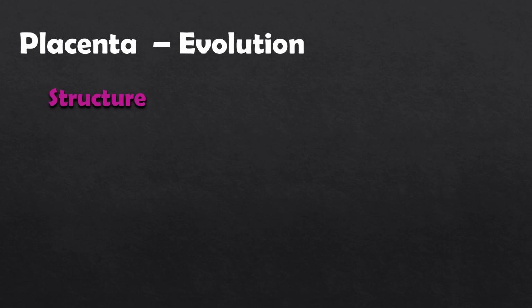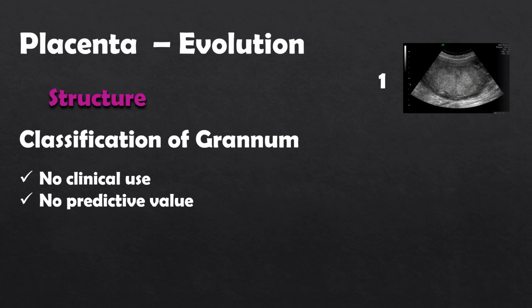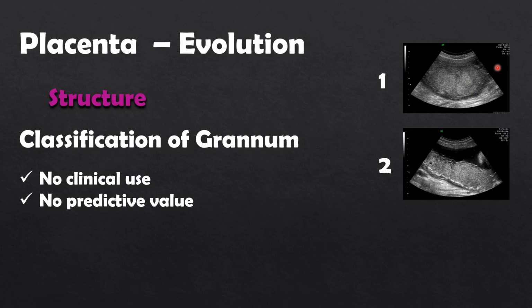The structure also evolves, and a classification based on maturity criteria has been used. However, it has lost its clinical relevance. There are 3 stages. Stage 1, where the placenta is homogeneous and relatively hyperechogenic.